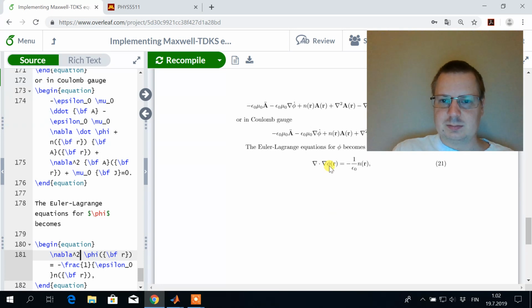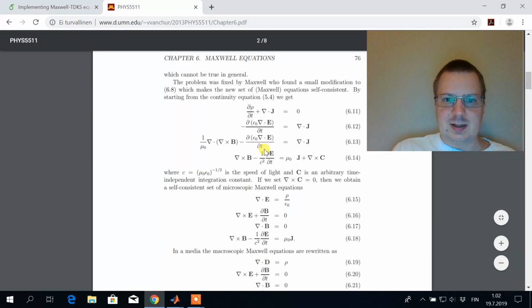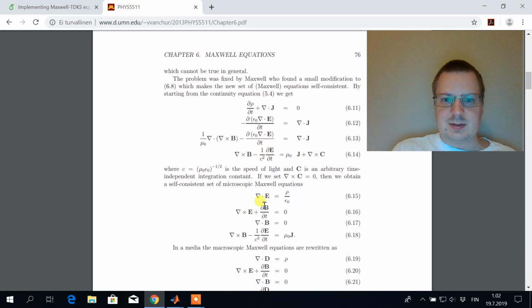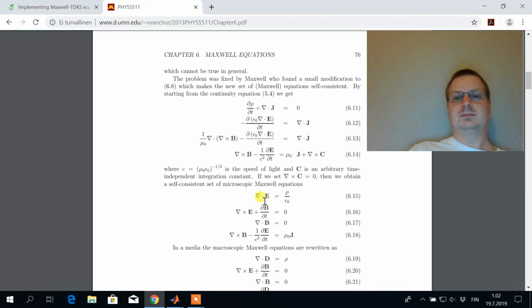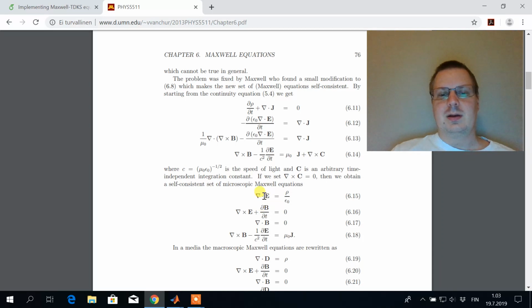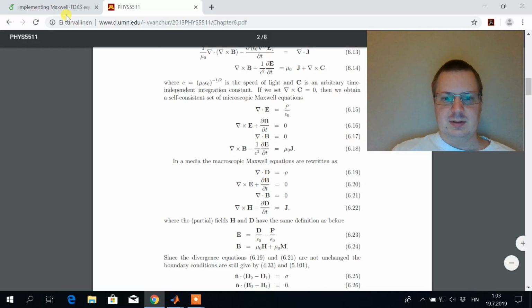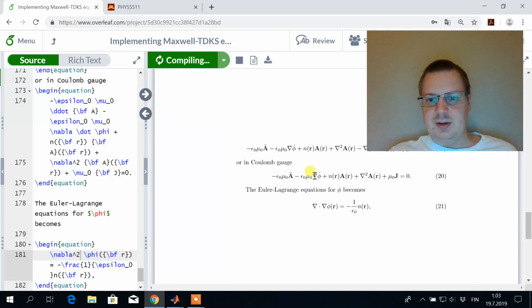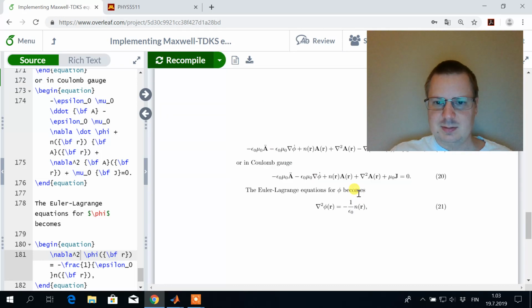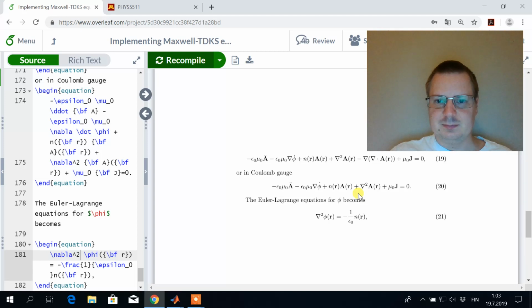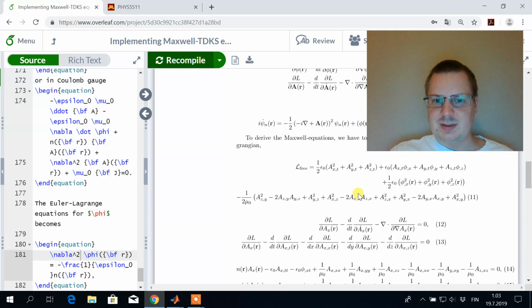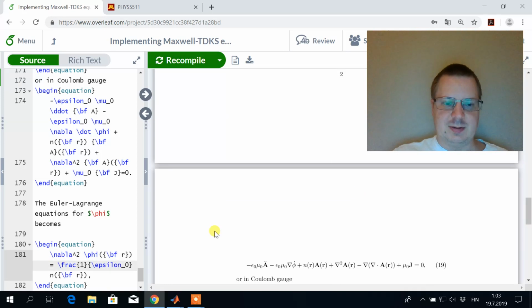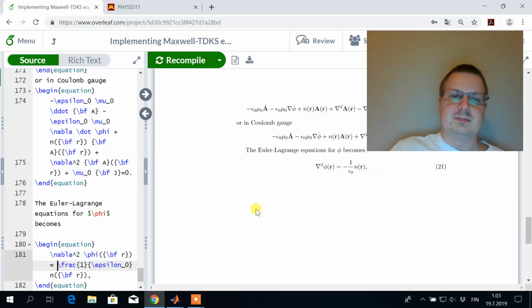So nabla squared phi equals rho divided by this one. I wonder, did I miss a sign error somewhere? I might have missed. Let's see.